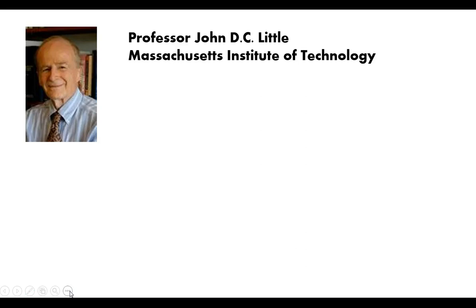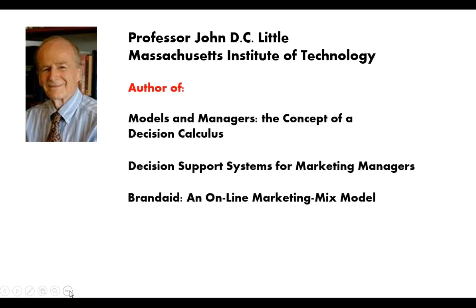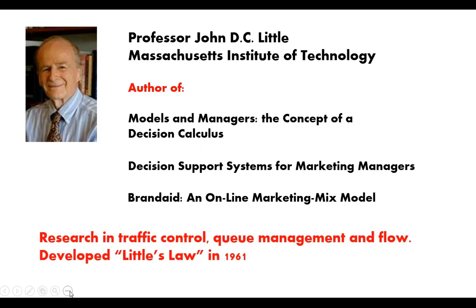He's actually an accomplished author. He wrote 3 books: Models and Managers, The Concept of Decision Calculus, Decision Support Systems for Marketing Managers, and Brand Aid, an Online Marketing Mix Model. So he's done a lot of models for how processes flow, how queues work, and how to keep systems moving smoothly. That's what his big research is.